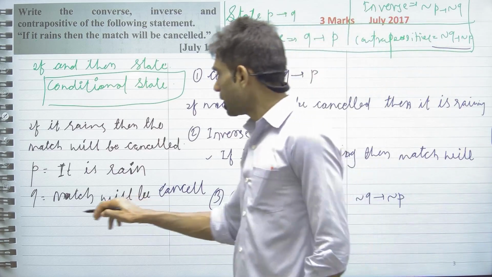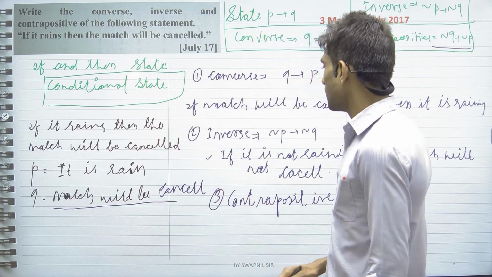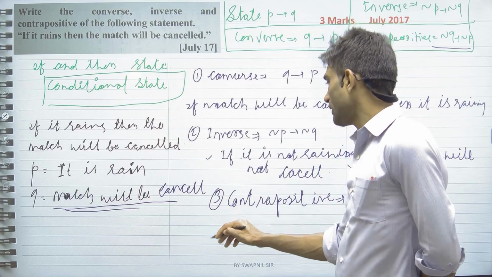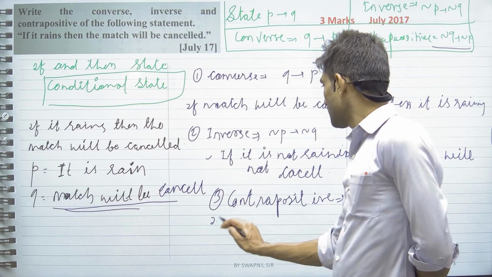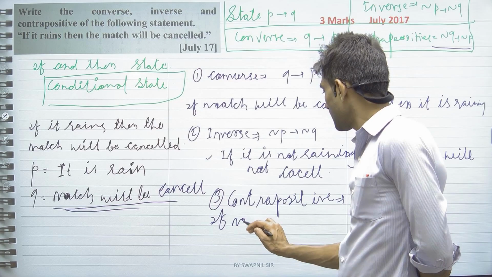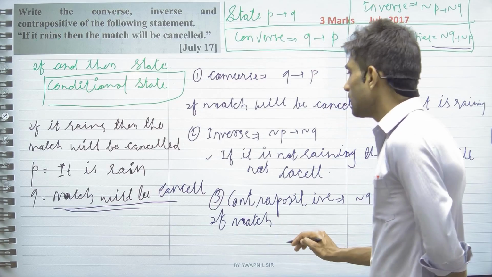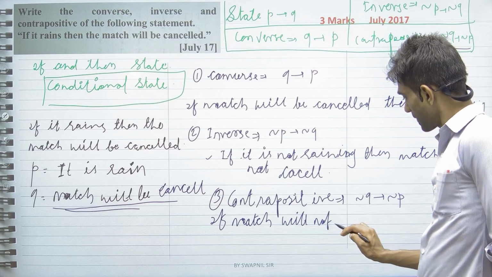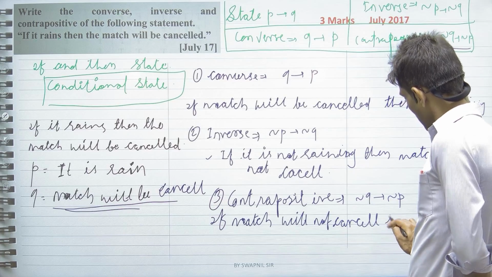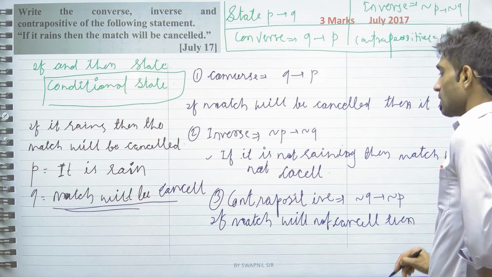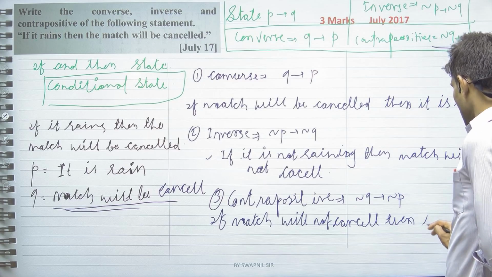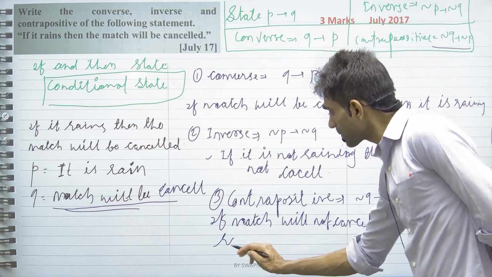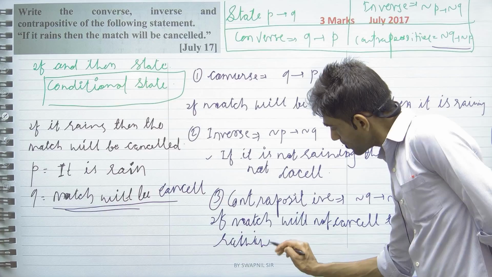Negation of Q means if the match will not be cancelled, then it is not raining.